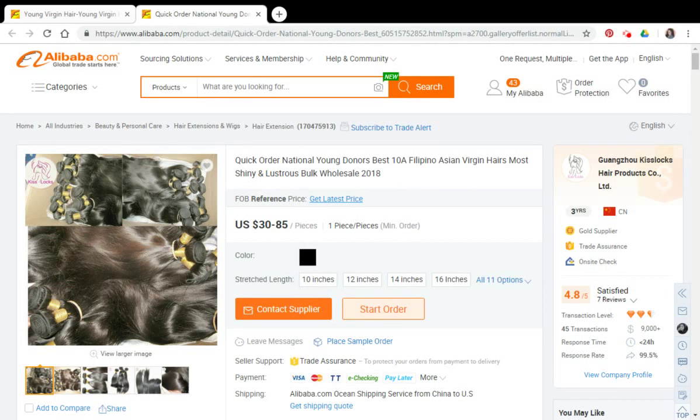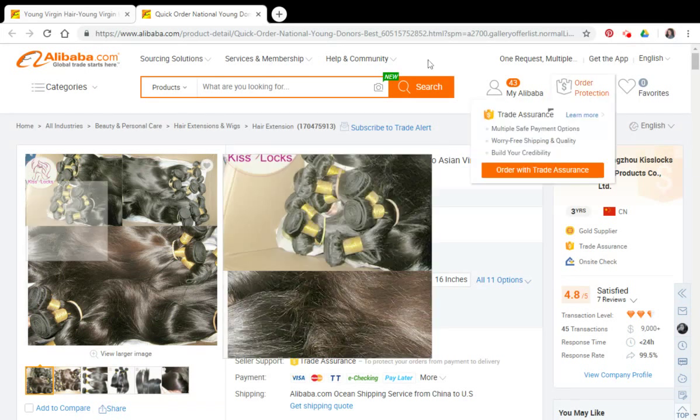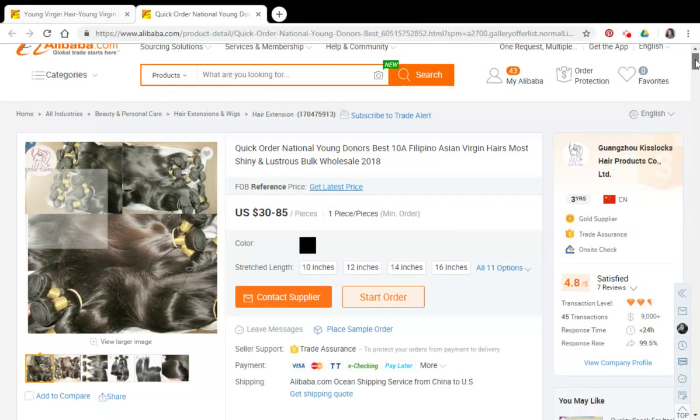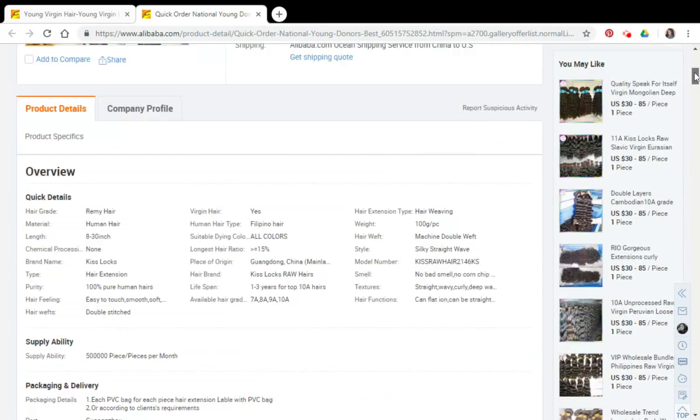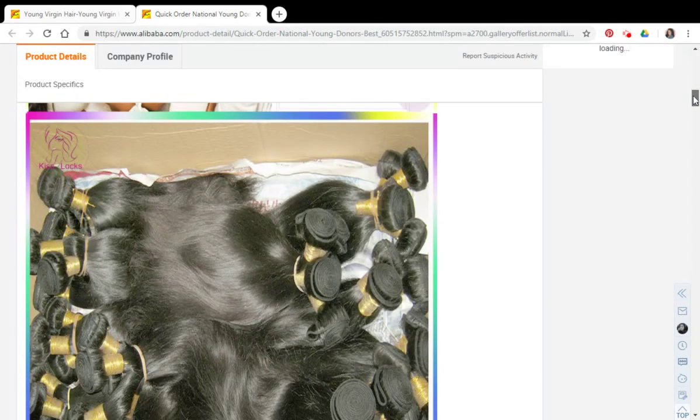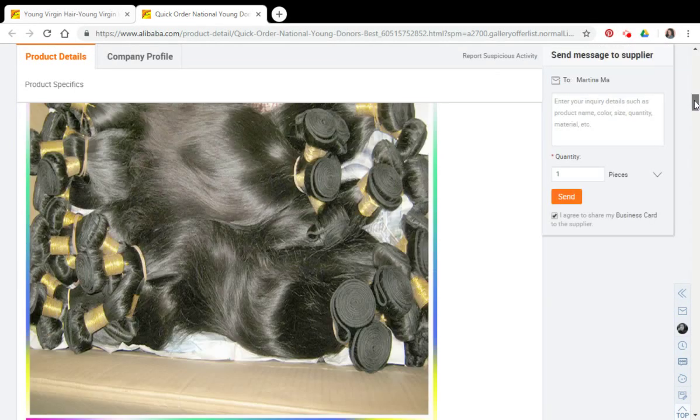Okay, so they have photos of the bundles. They're saying, however, that the hair is Filipino hair. We know right there that's Chinese hair. Yes, it's in China. So let's scroll down and let's look at the actual photos of the hair.